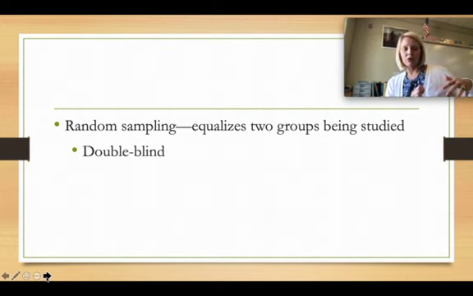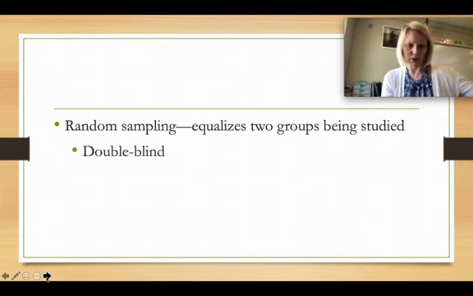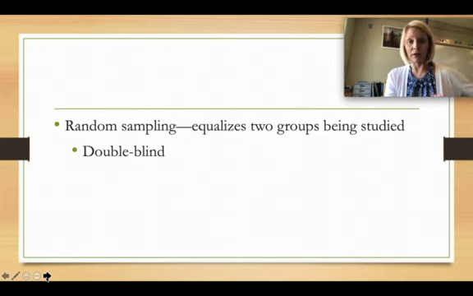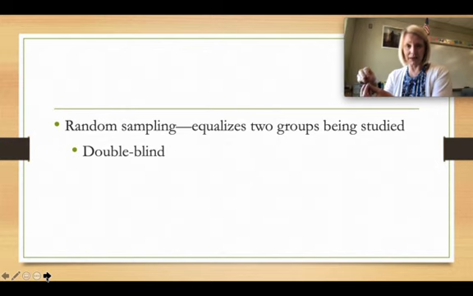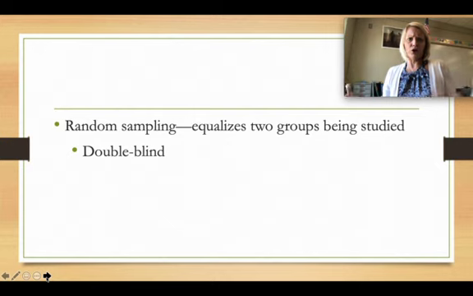So you're going to have a control group and nothing's going to happen to them. They're not exposed to the treatment or whatever it happens to be, but you don't know that as the experimenter. Then there's another group that's having it done, that's being manipulated, but you don't know that either. So in a double blind, how do you make that happen?